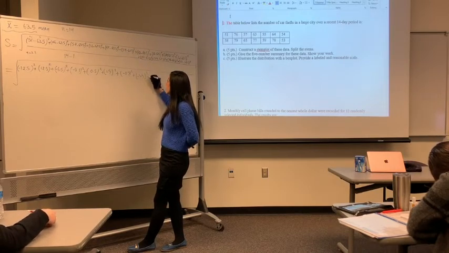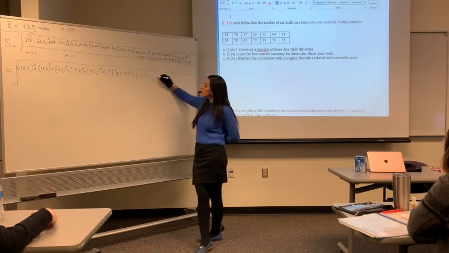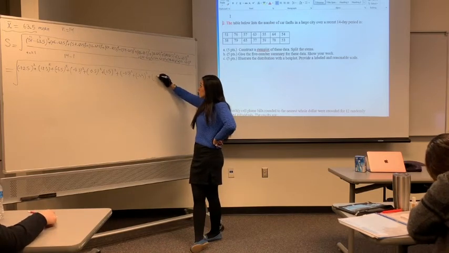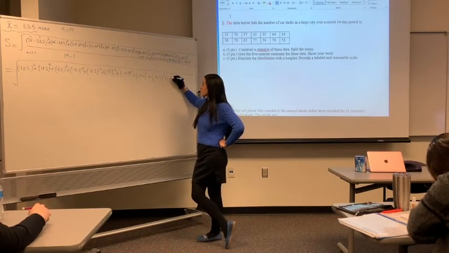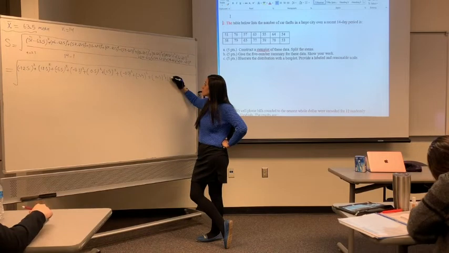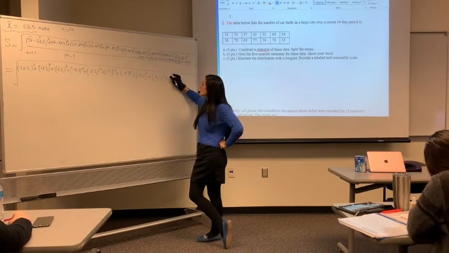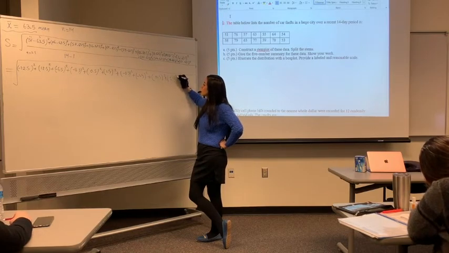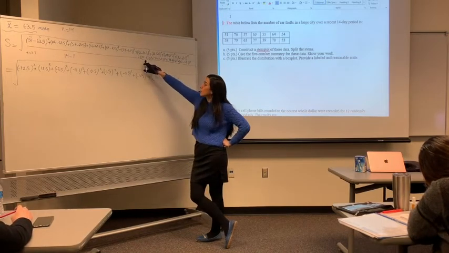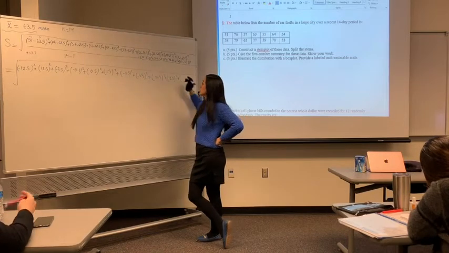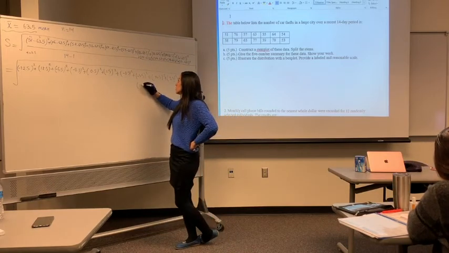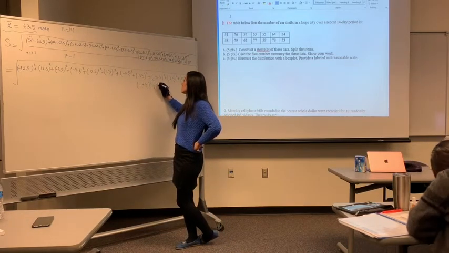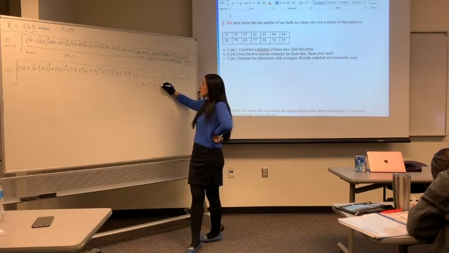Negative 5.5 power 2 plus 15.5 power 2 plus 2.5 squared power 2 plus, and now we are in this one. 13.5 power 2 plus negative 4.5 power 2 plus 14.5.